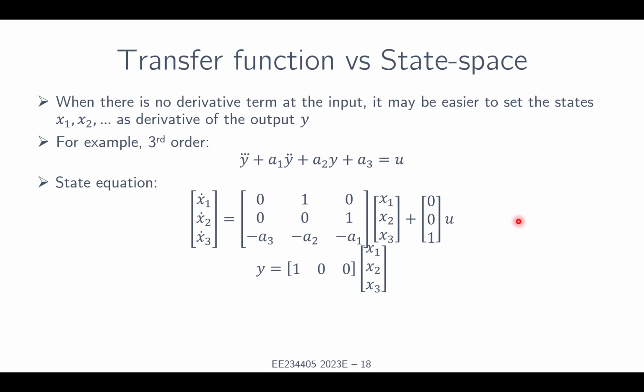So y third derivative plus a1 y second derivative plus a2 y dot plus a3 y is u. So clearly u is the input and y is the output, right?